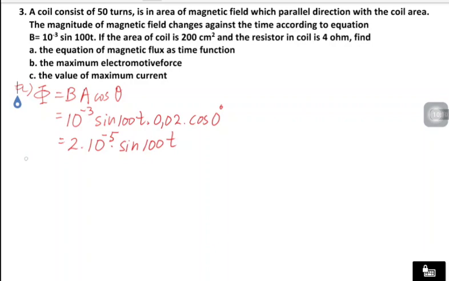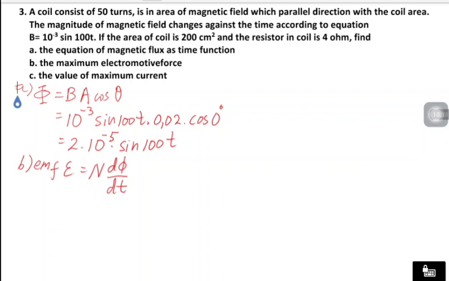Next, B. What is the maximum electromotive force? The electromotive force EMF can be found with the formula N d flux dt, with d flux dt being the derivative of the flux function.